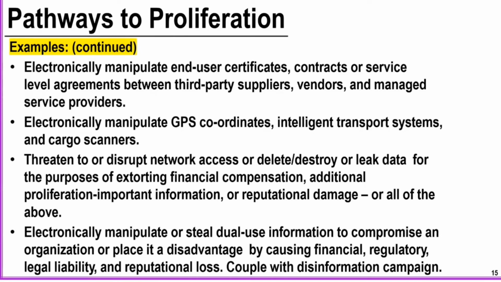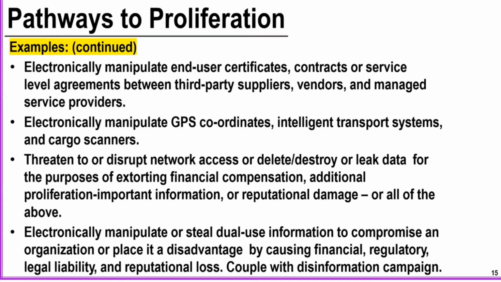Other innovative pathways used by proliferators include cyber-enabled manipulation of end-user certificates, service-level agreements or contracts between third-party suppliers, vendors, and managed service providers. It is also possible for proliferators to electronically manipulate intelligent transport systems, GPS coordinates, and cargo scanners.